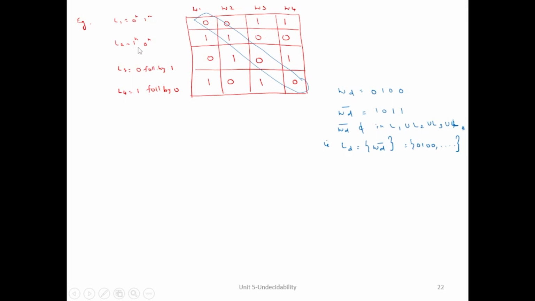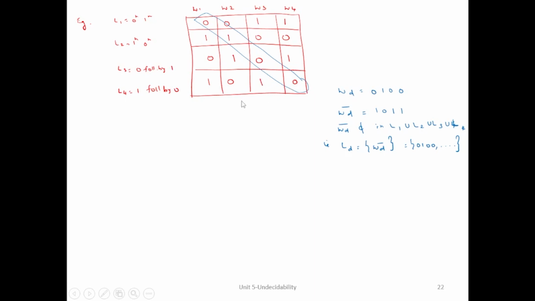The same n value is 2 for the second language L2, which means 1100. I write it in the corresponding second row. 0 followed by 1 means 01, 01, 01. Here I frame a 4 length value, so the answer is 0101. And 1 followed by 0 means 1010.